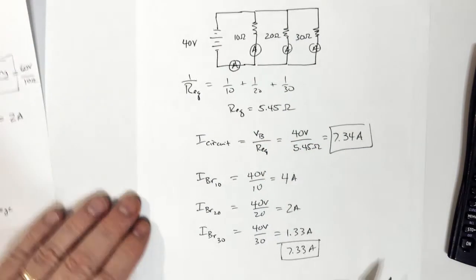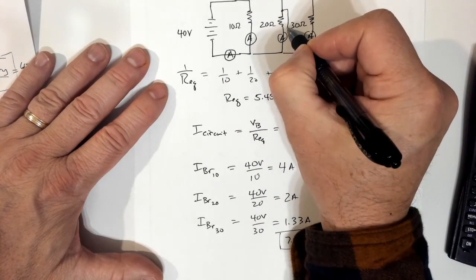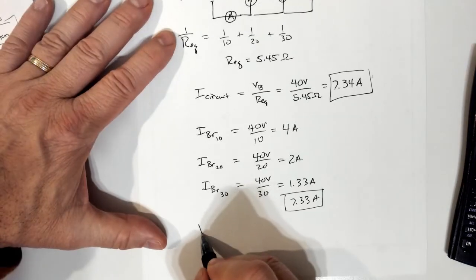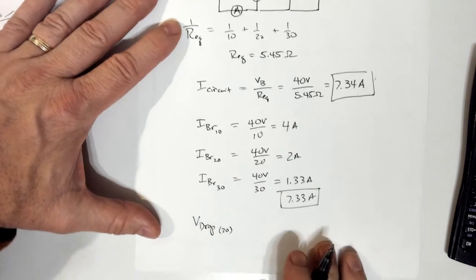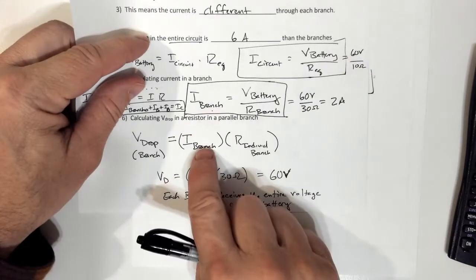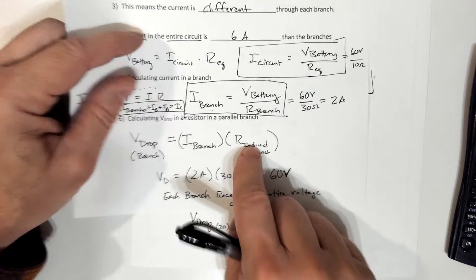Okay? And what if I want to know a voltage drop just around the 20? And so I put a voltmeter in here, and I wanted to find V drop, and I'm not going to do all three. And let's say I just wanted to do it in the 20. Then what I would do is I follow this rule where I want to use whatever the speed is in that branch times the individual resistor.